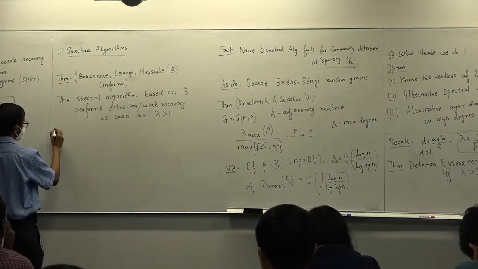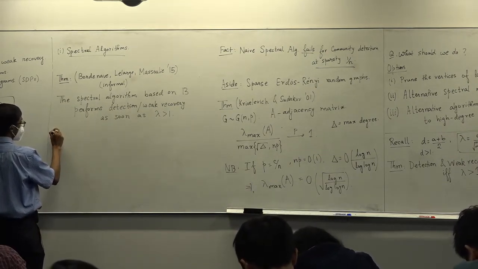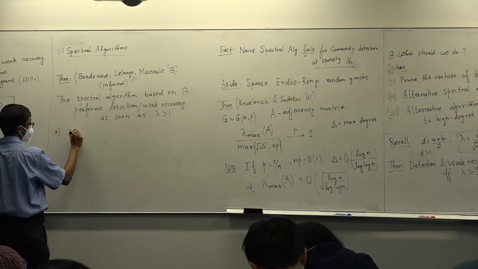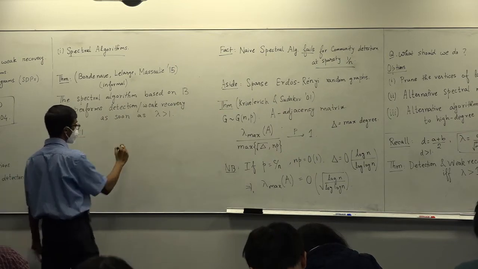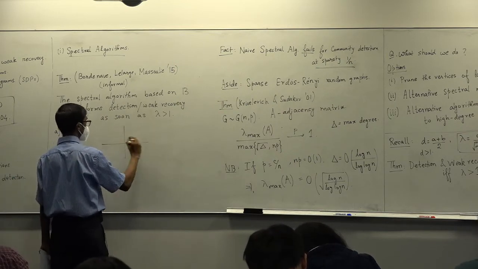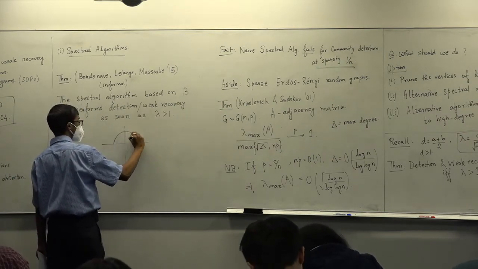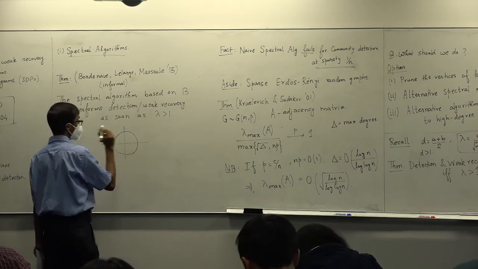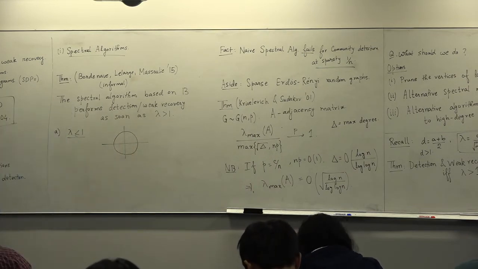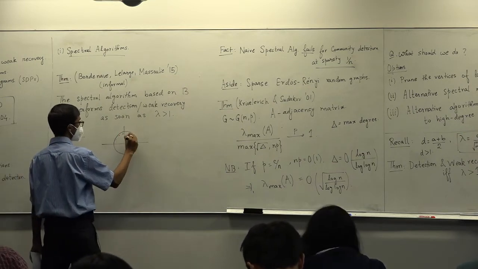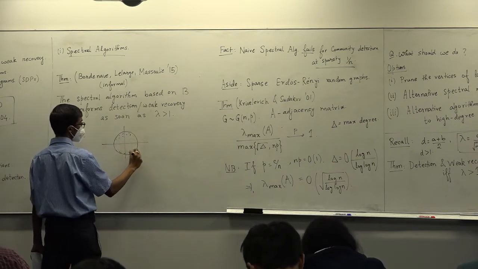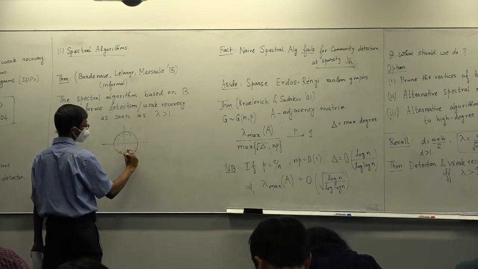So what happens is that there are two cases. If lambda is less than 1, I think even less than or equal to 1, if you look at this matrix, all its eigenvalues are contained in a ball of a certain radius on the complex plane. You have these pictures, everything is contained here.